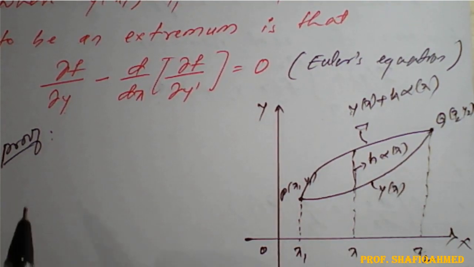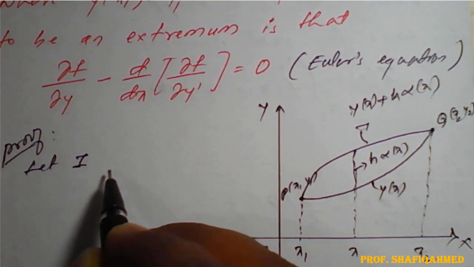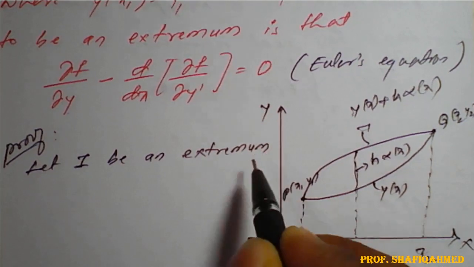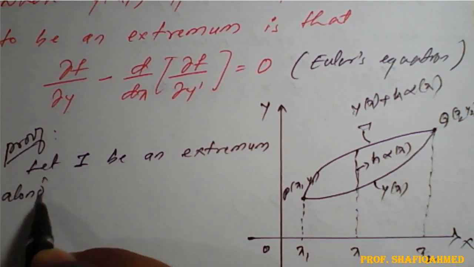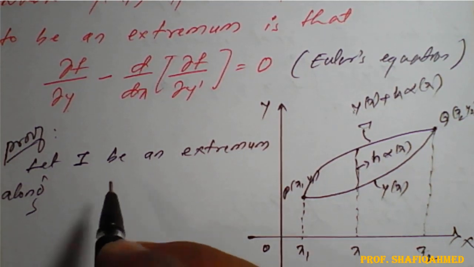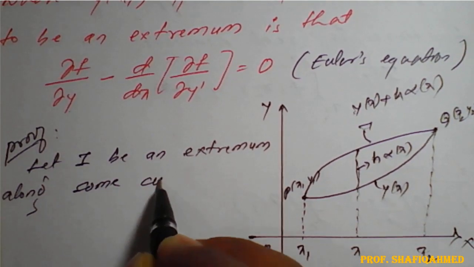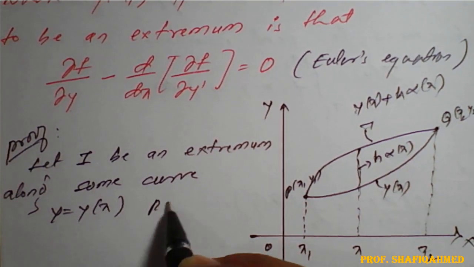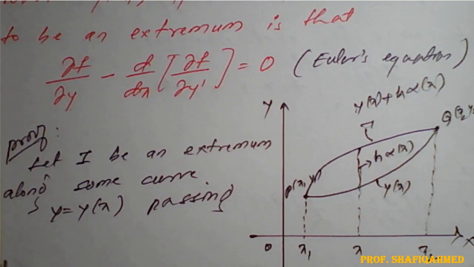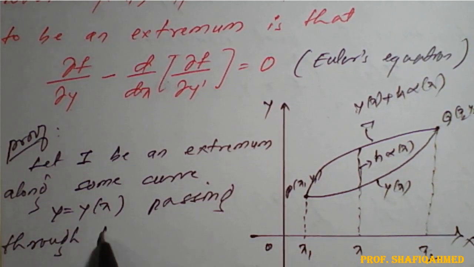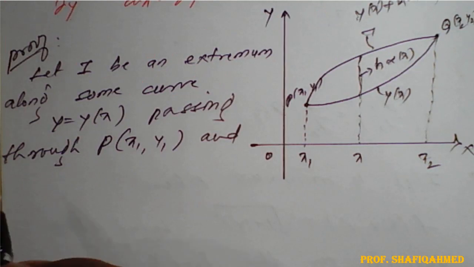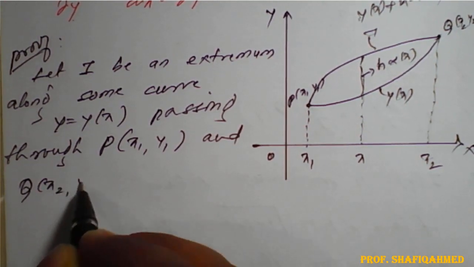Therefore, let I be an extremum along some curve y is equal to y of x, passing through the points P of x1, y1 and Q of x2, y2.